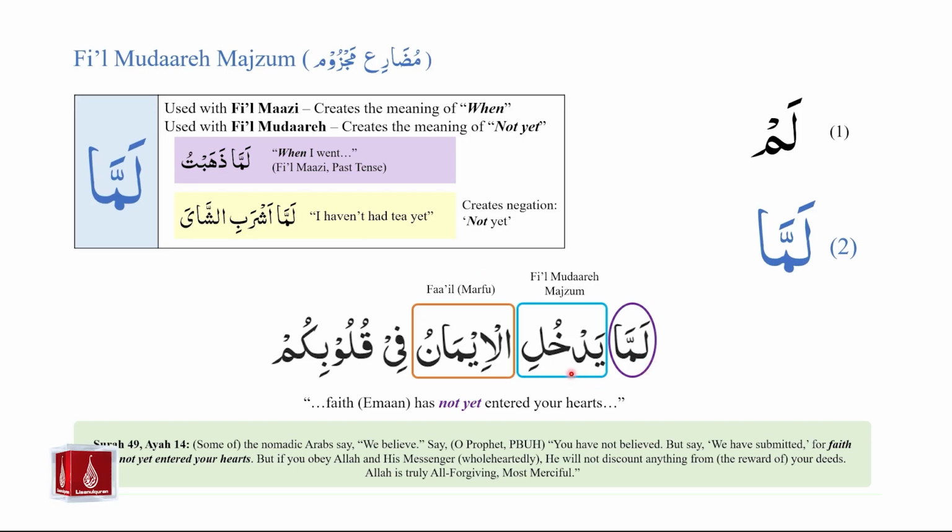Lamma yadkhul al-imanu, when read in continuation, will be lamma yadkhulil imanu. Faith, or iman, has not yet entered your hearts. Lamma is creating the meaning of not yet, and lamma is making the fi'il mudari that follows it majzoom.